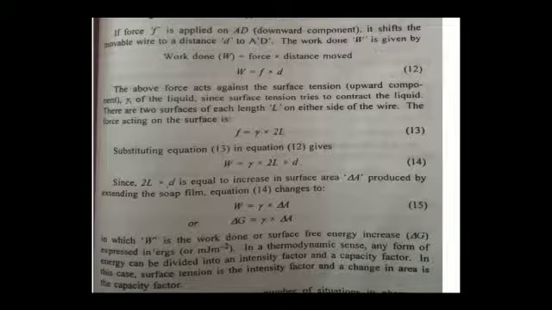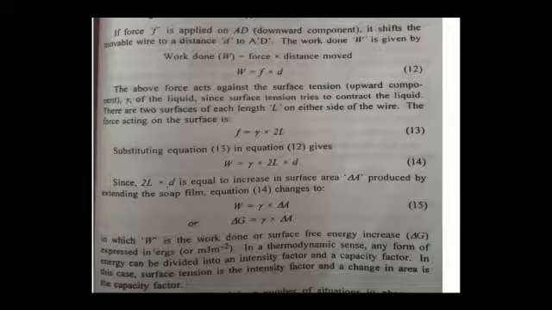The work done is given by the following equation. Work done, indicated by W, is equal to force times distance moved. The applied force is F and the distance the bar moves is D. So the values are substituted in the above equation, and we obtain work done W is equal to F times D. The above force acts against surface tension.